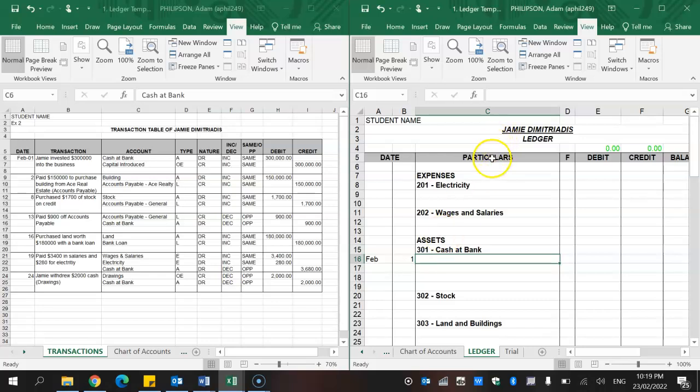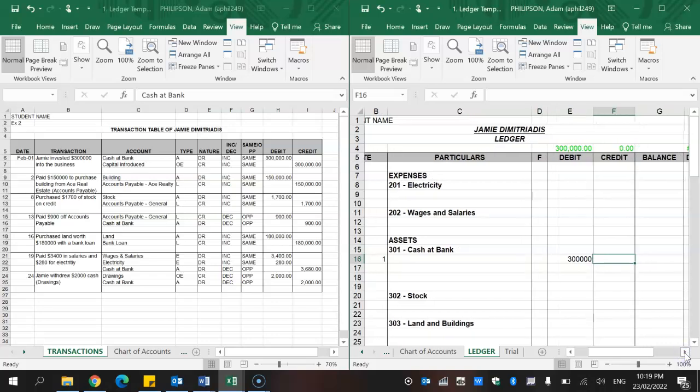I'm just going to leave the particulars for the minute. And our transaction table, our journal, is telling us to send $300,000 debit to the cash at bank account. So on the next line down in the cash at bank account, we're going to put $300,000 into the debit column, just like the transaction tells us to.